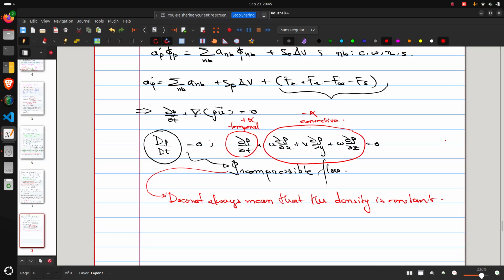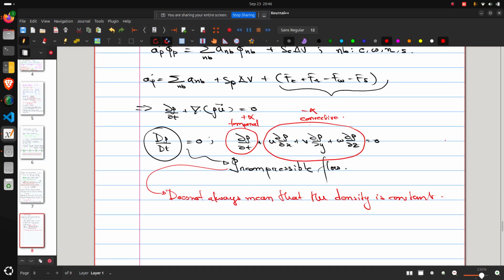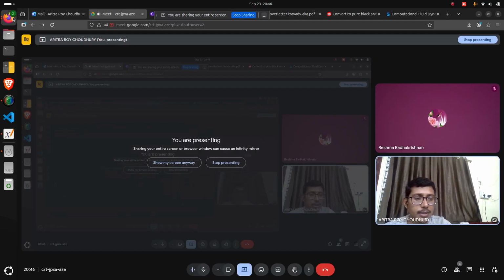So a compressible fluid where the density can change can also result in flows where the flow behaves incompressibly. Okay, so is that distinction clear?